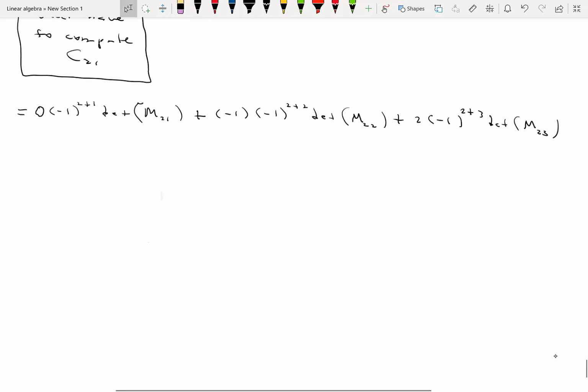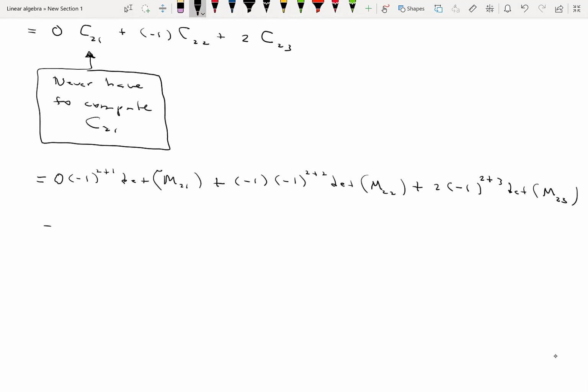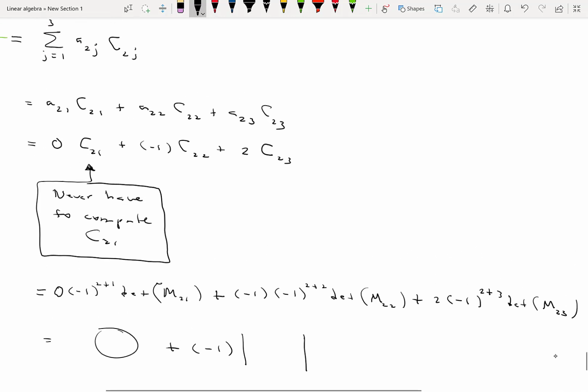So I don't need to compute this first term, so I'm not going to do it. Plus negative 1 times negative 1 to the 2 plus 2, which is plus 1, times the determinant of the 2,2 minor of A. Back to our matrix.